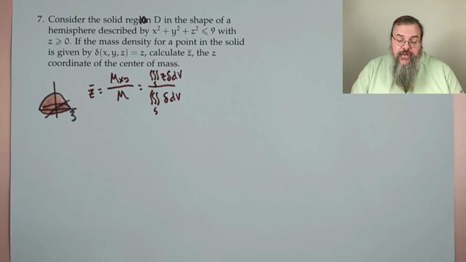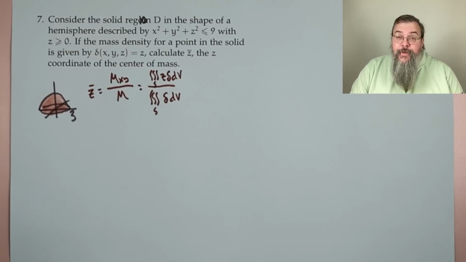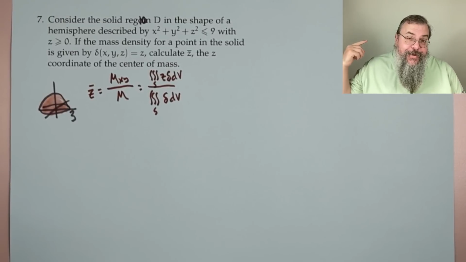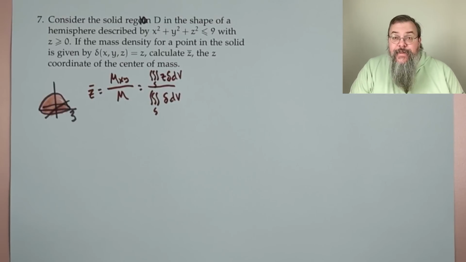Now we have to make a choice. How do we want to integrate? In other words, do we want to do it in spherical coordinates, or do we want to do it in cylindrical coordinates, or are we just crazy enough that we are going to be like, let's go and do it in Cartesian coordinates? And you always get the same answer.